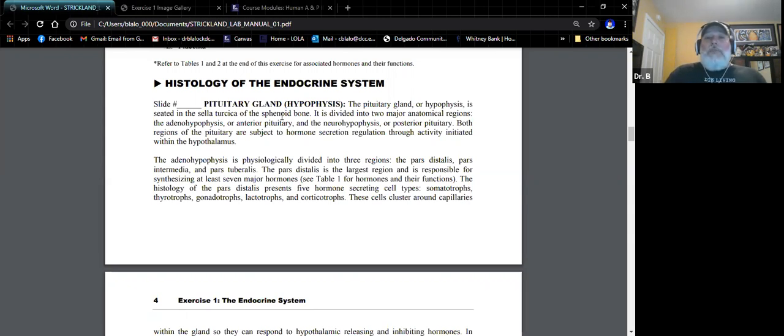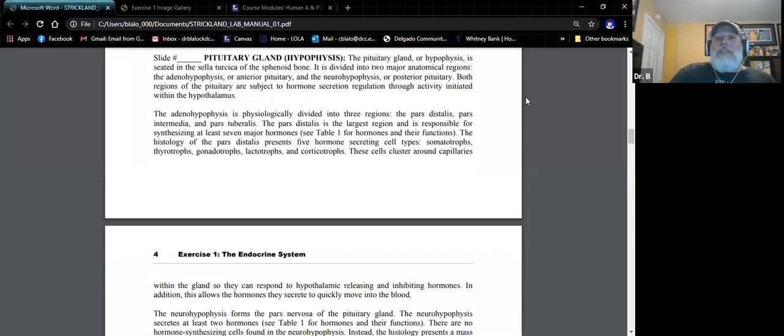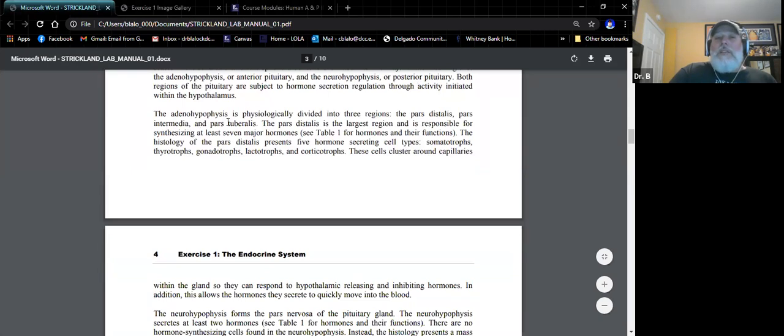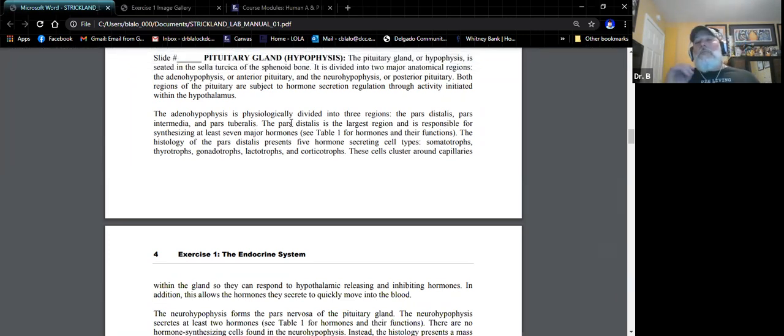Now, the anterior pituitary gland is divided into three regions: the pars distalis, the pars intermedia, and the pars tubularis. Okay, the pars distalis is the largest portion, and it is responsible for making 7 different hormones.